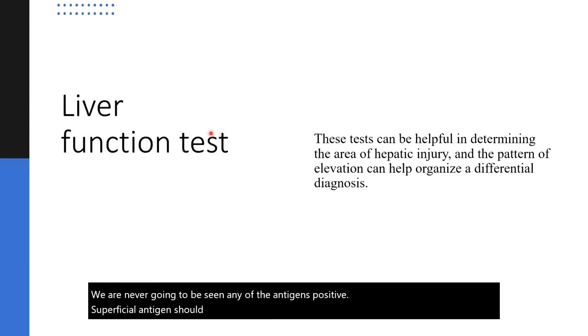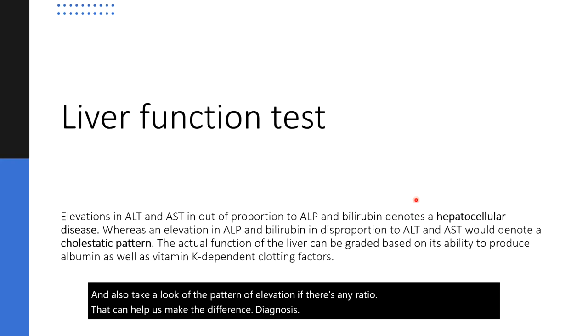Liver function tests. We need to take a look at all the tests that can evaluate the liver in a holistic way, and also take a look at the pattern of elevation, if there's any ratio that can help us make the different diagnoses of anything that could affect the liver.